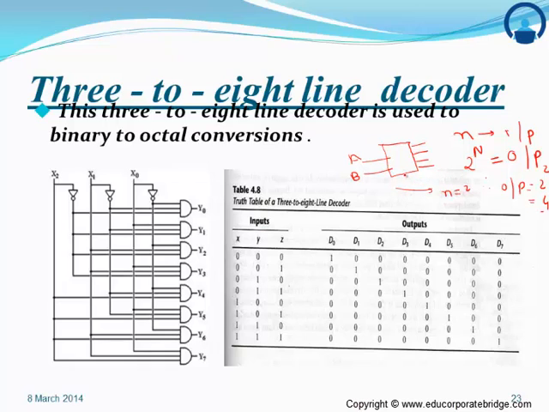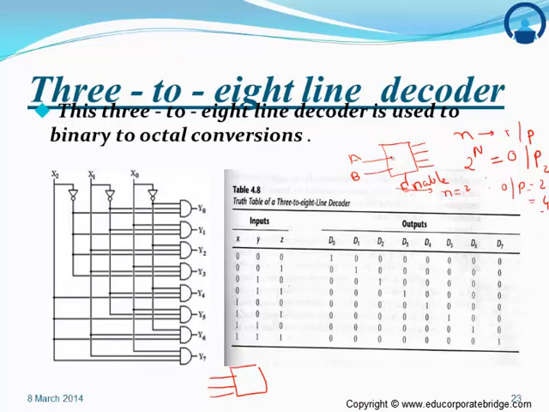It has one select line, also called enable. This is a block diagram for an active high decoder. Similarly, for 3 to 8 line decoders, we can have a block diagram, where there are 3 inputs.